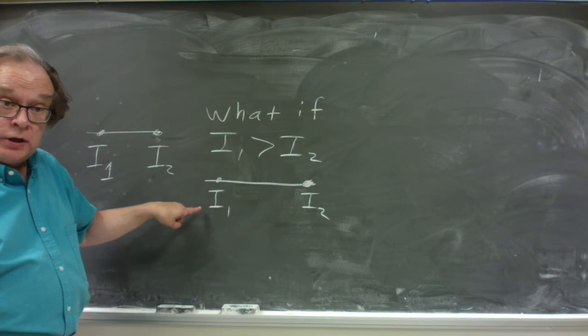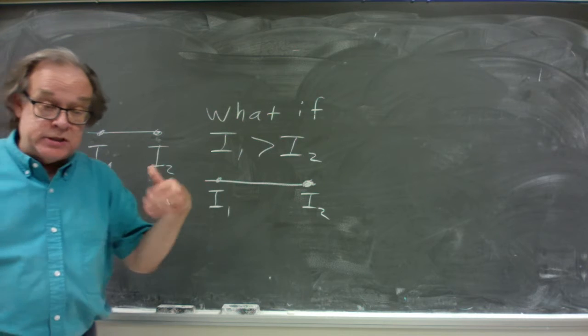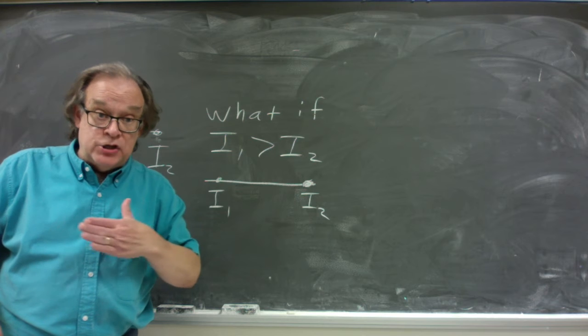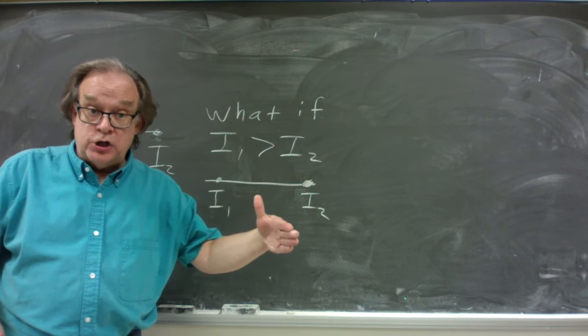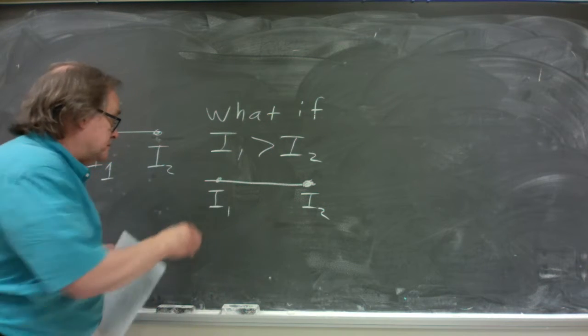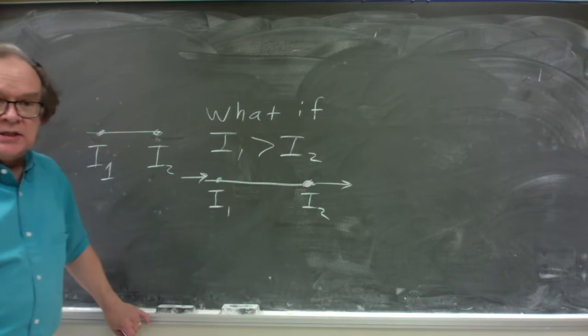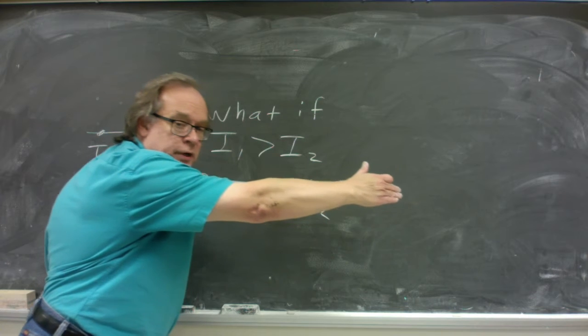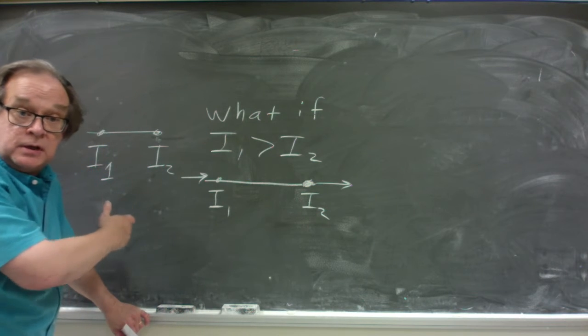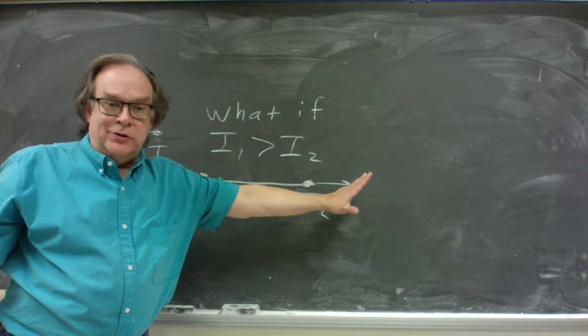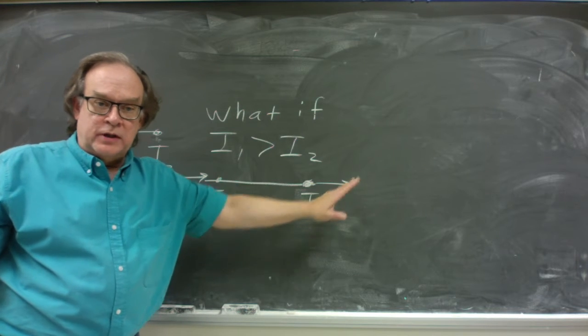It's current that we indicate with I, so it's the conventional current, the imaginary flow of positive charges this way, which amounts to the same thing as the flow of negatively charged electrons the other way. But let's imagine that it's really positively charged particles moving left to right.